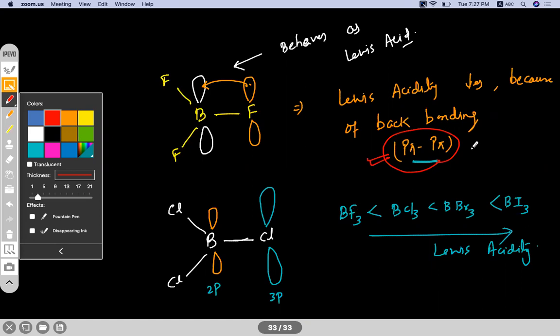The major factor is p-pi back bonding. According to electronegativity, the order will be exactly opposite. According to p-pi, the order is this. So which factor dominates when? According to that only we'll write down the answer. Here you have to keep in mind, in the case of BF3, BCl3, the boron trihalide molecules, p-pi back bonding dominates all other factors, and hence the Lewis acidic behavior is this. Any doubt?